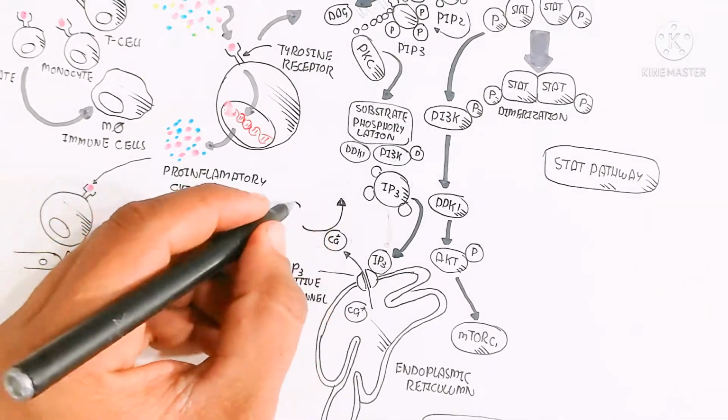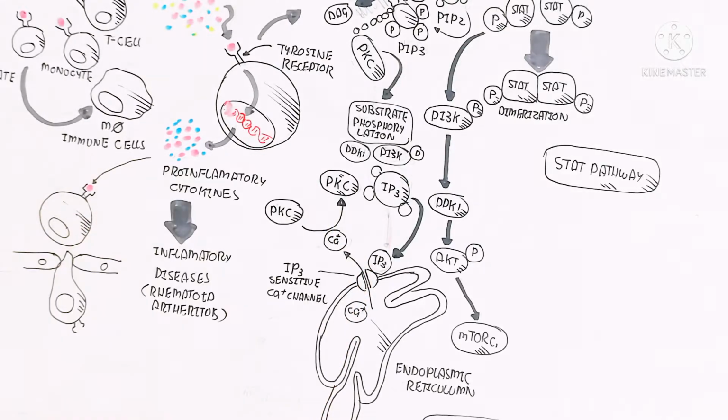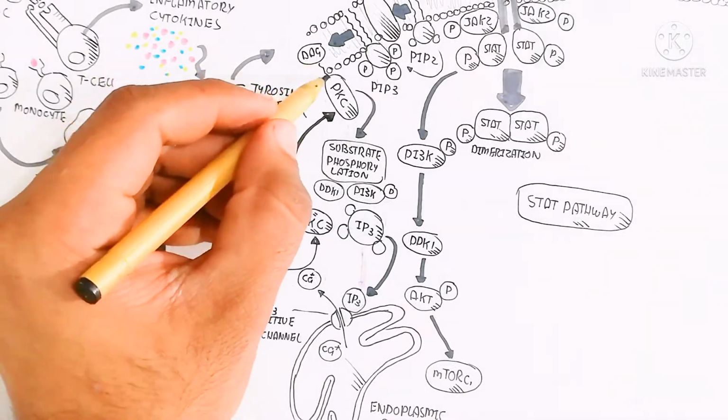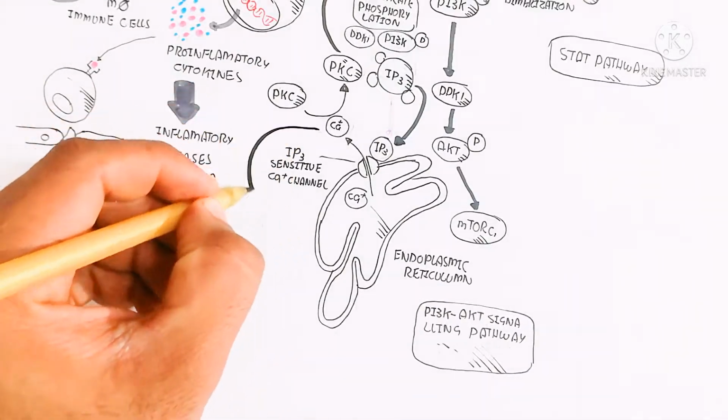After the binding with the diacylglycerol, the substrate phosphorylation will occur. There are many other protein phosphorylations. So all this mechanism is used for cell proliferation and cell survival.